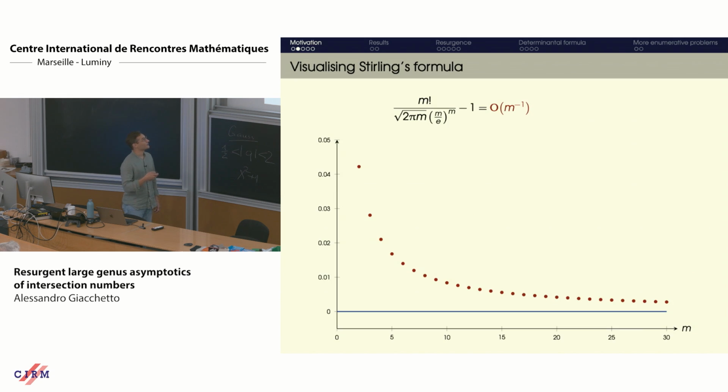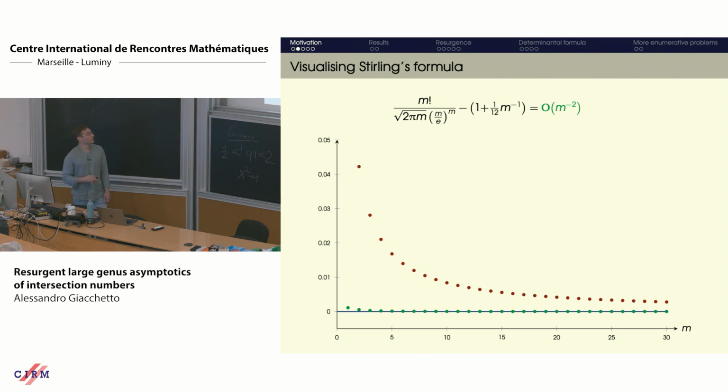In general, you can visualize this asymptotic formula in the following way. If you take m factorial, divide by the leading asymptotic and subtract 1, what Stirling's approximation formula tells you is that you're left with an error that goes like m to the -1. If you plot the left-hand side of this equation, you get some dots here, and as you can see, they approach 0 rapidly like m to the -1.